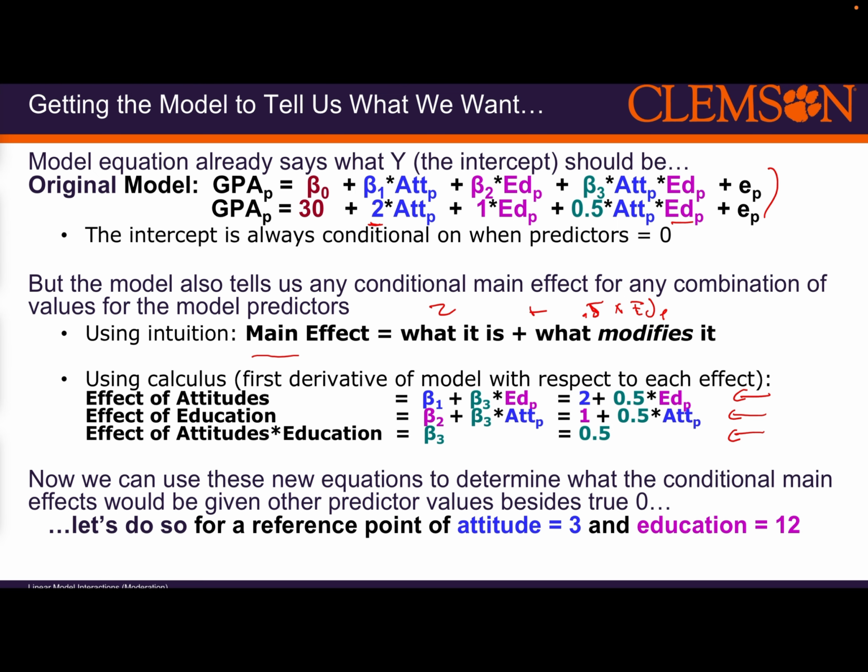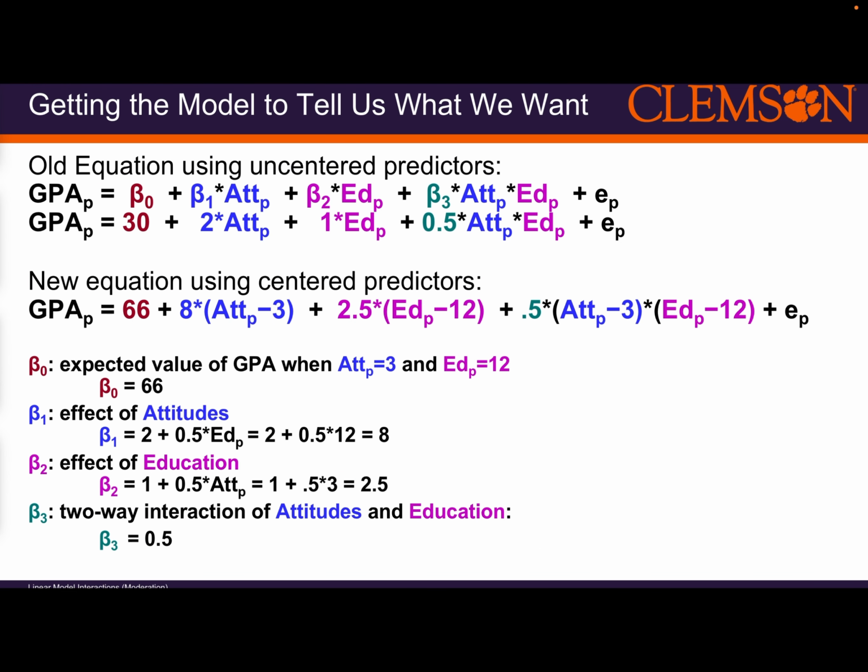Now we can use these new equations to determine what the conditional main effects would be given the other predictor values besides 0. So let's do this for a reference point where we have attitude of 3 and education of 12. So now we're centering attitude at 3. We're centering education at 12.